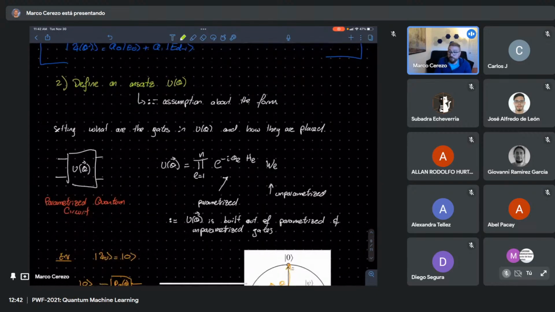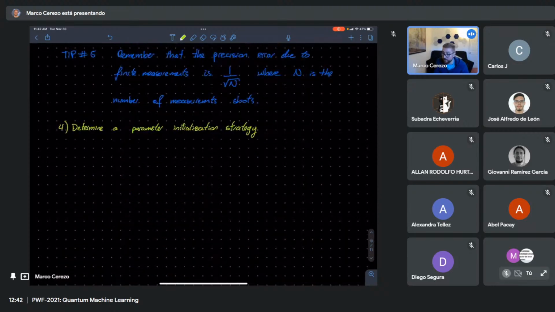What are those set of parameters going to be initially? Well, you know, maybe there's a good way to know that, maybe not. A lot of times we're just going to randomly select those parameters and just start my optimization from there. And because we're talking about an optimization, we need to pick an optimization method.